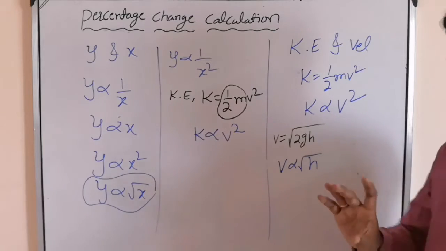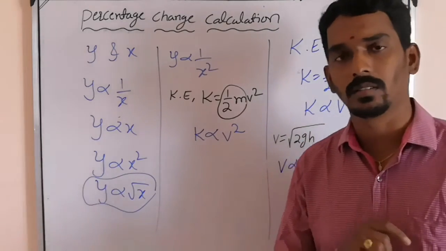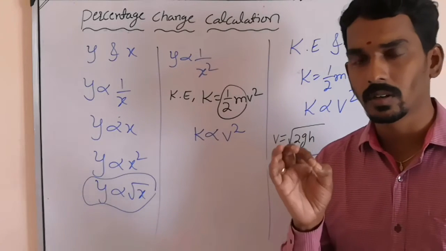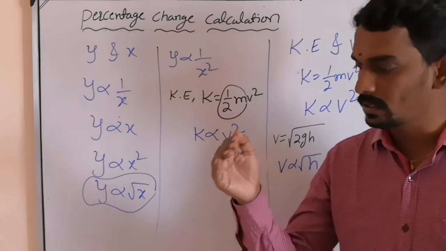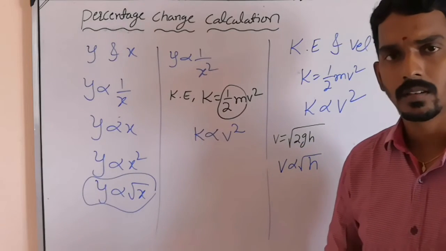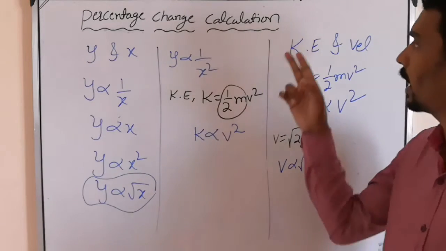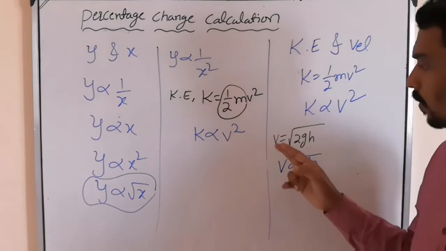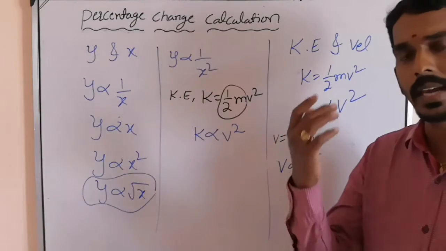So the very first step is to understand the question. Read the question properly and understand which chapter it is related to and which two quantities they are relating, like kinetic energy, velocity and height. Any relation they can give from any chapter.